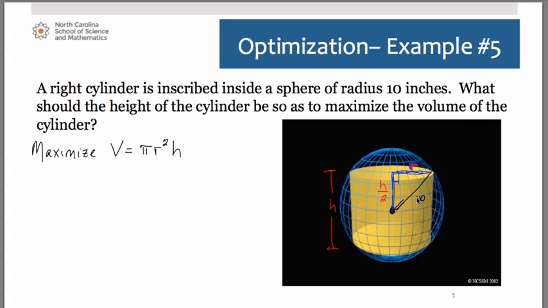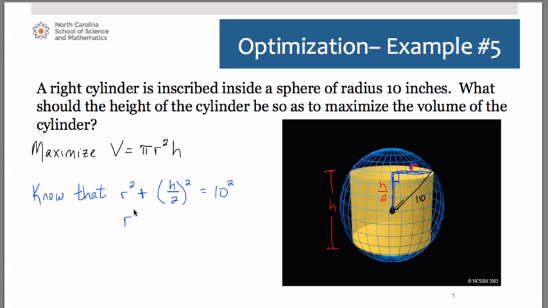So now we have all of our sides of the right triangle labeled, and maybe we can set up a Pythagorean theorem that will enable us to solve for either r or h and substitute into our primary equation. We know that by the Pythagorean theorem, r squared plus h over 2 squared will give us 10 squared.